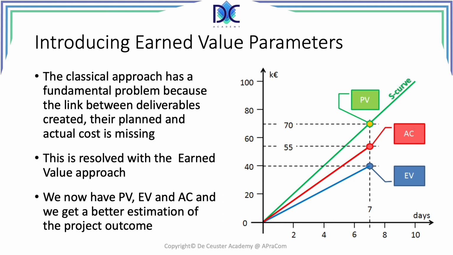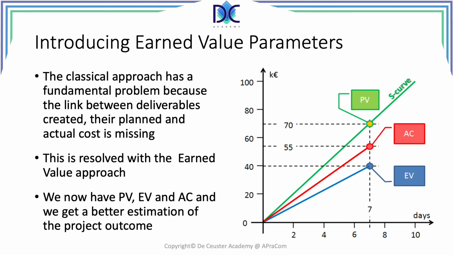And I have to compare the earned value with the schedule information in the planned value. And I see that I planned to create value for 70K, but I only created value for 40K, which means I am behind schedule.